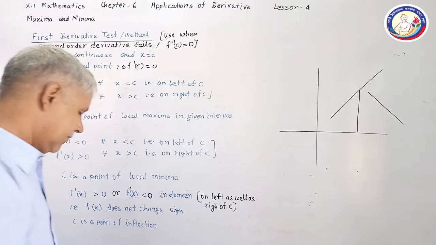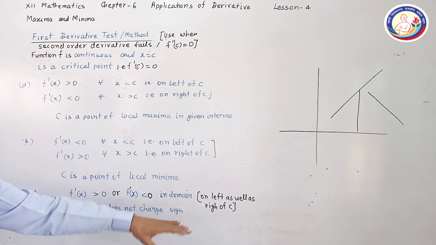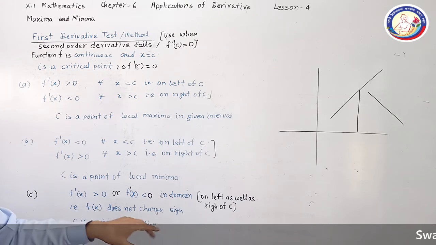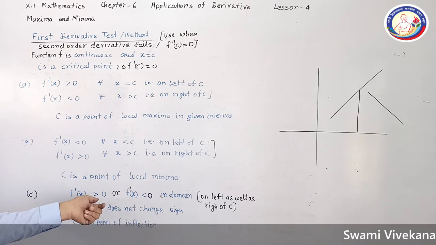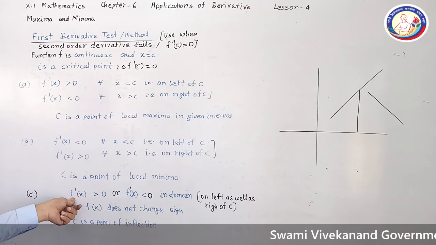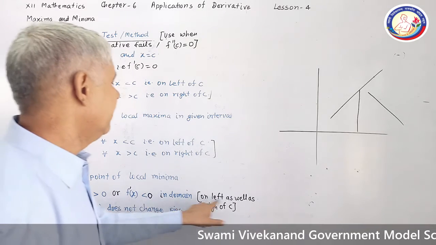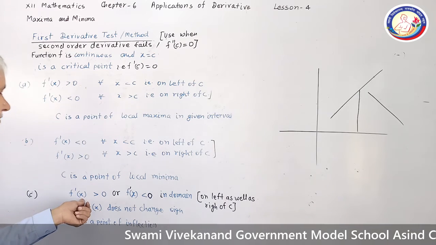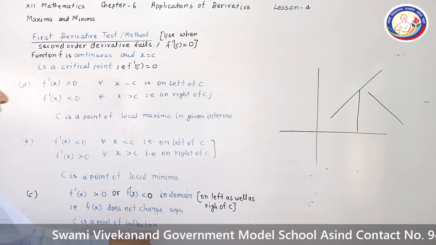Here the sign will not change. Before c it will be of the same sign, and after c it will be of the same sign. And also the derivative's value will be positive, greater than 0 throughout the domain, or negative throughout the domain. It means on the left and right, both sides, the value of the derivative will not change. In this case, we say that it is a point of inflection.